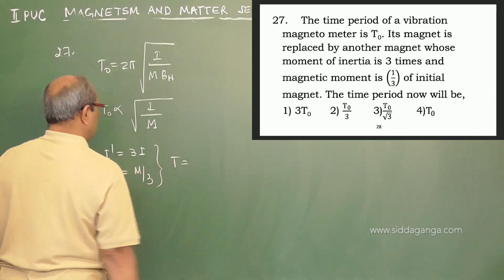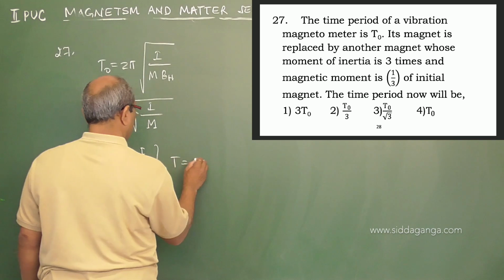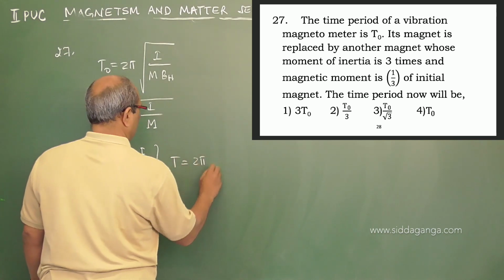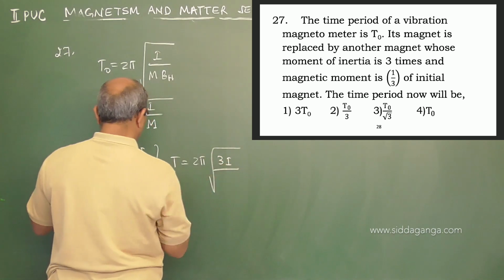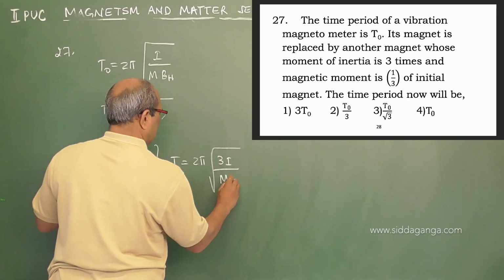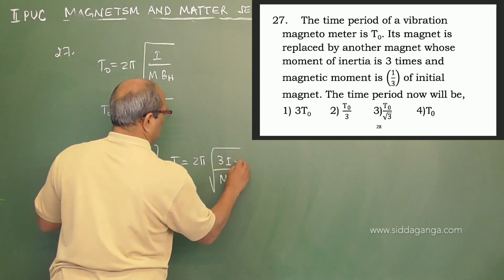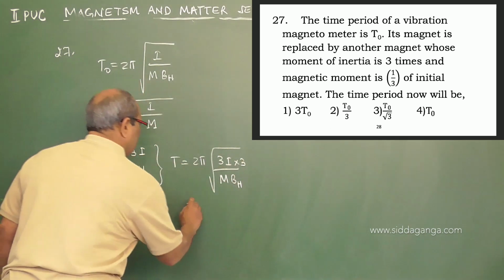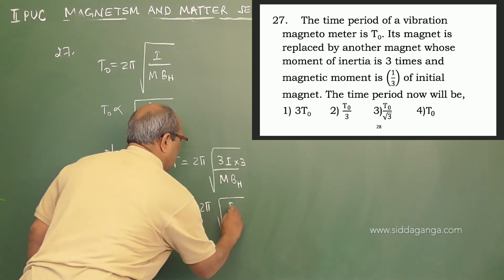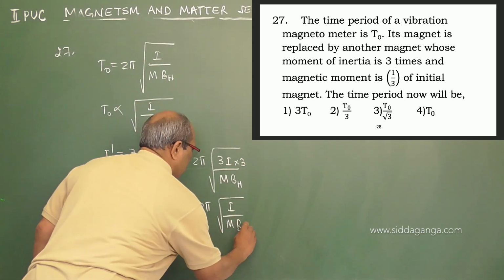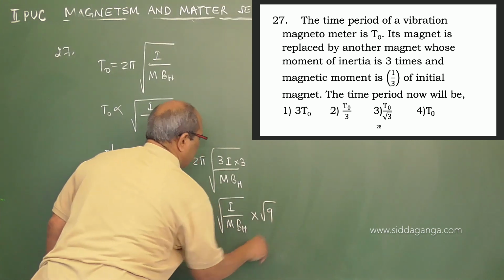Now the new T can be written as 2 pi into root of 3I divided by m BH into 3. This is 2 pi into root of I by mBH into root 9.